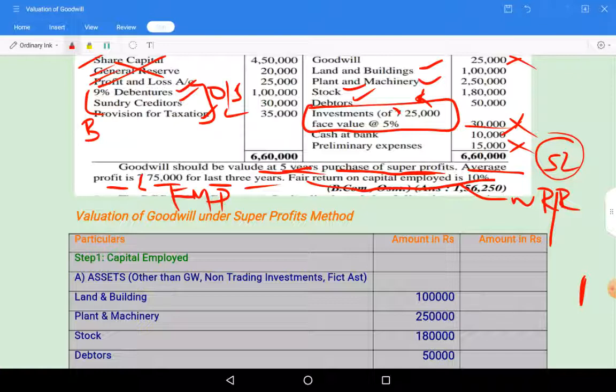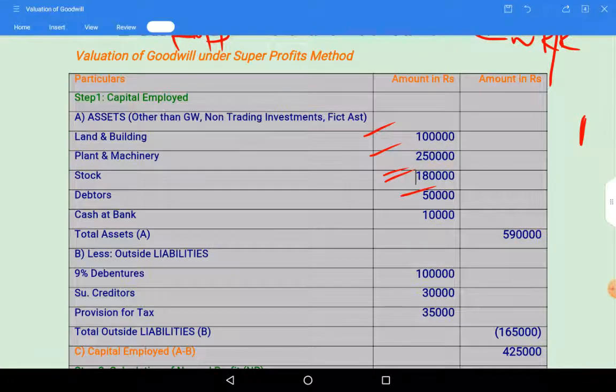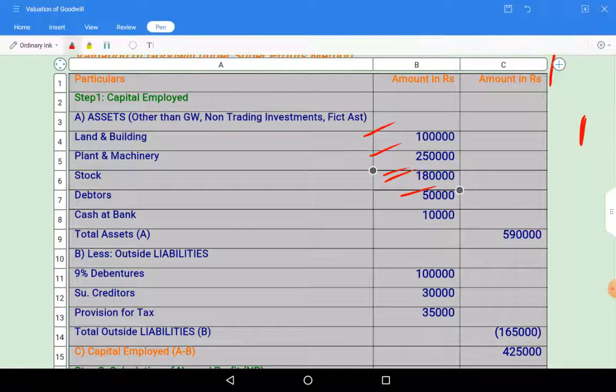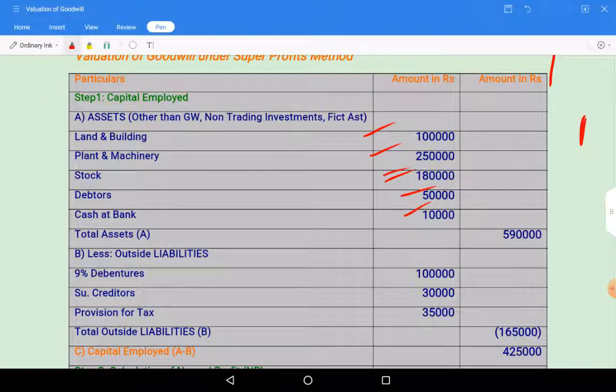So land 1 lakh, plant and machinery 2,50,000, stock 1,80,000, debtors 50,000, and cash at bank 10,000. 1 lakh plus 2 lakh 50,000 is 3 lakh 50,000, plus 50,000 is 4 lakhs, plus 1 lakh 80,000 is 5 lakh 80,000, plus 10,000 is 5 lakh 90,000.